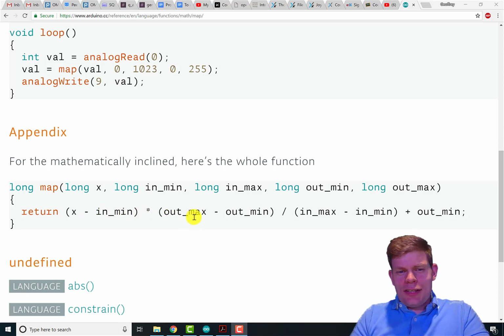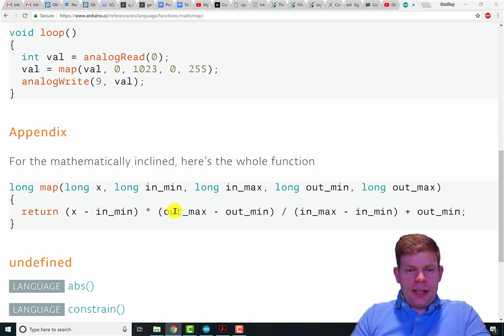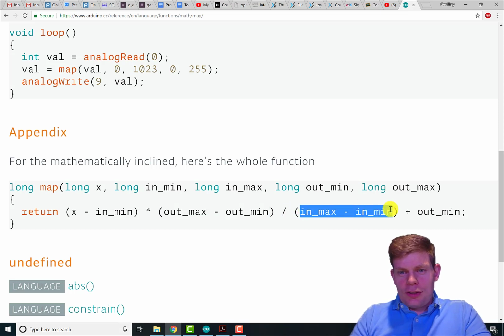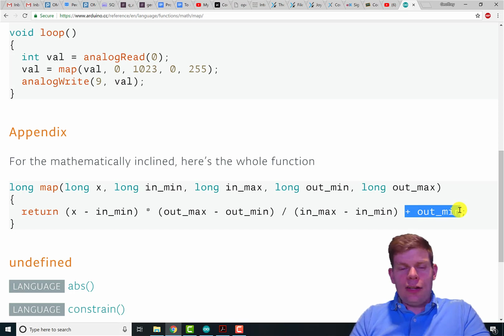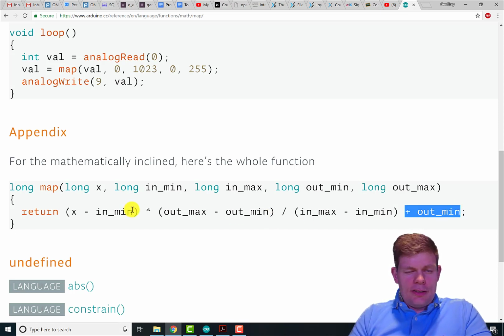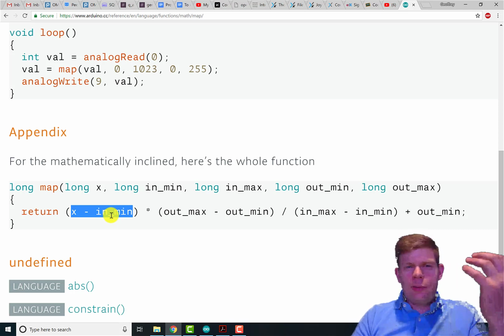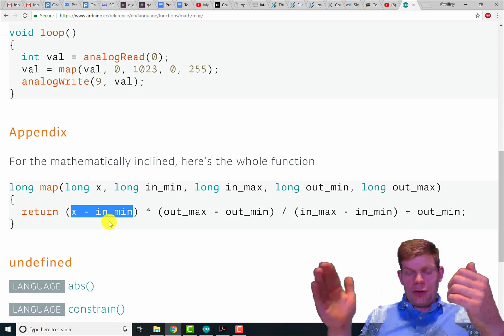So it takes a little bit of looking, but if you check it out, this is just our output range, and this is just our input range, and then we add our output min value at the end. So if we do our x minus the input minimum value, that says how far we are away from our starting point.